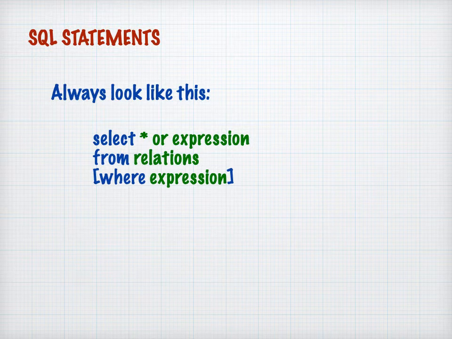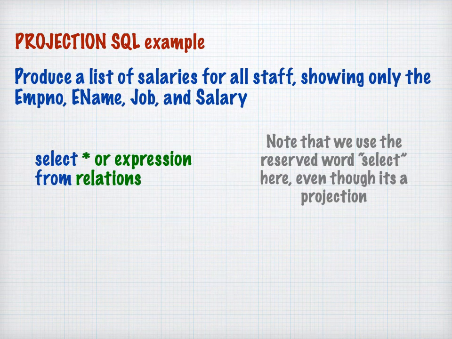So let's do the same example then, which is produce a list of salaries for all staff showing only the emp number, e-name, job and salary. Now I like to lay the SQL statements out on separate lines like this. So I'll put select on the top line, I'll put from on the second line. Now both the words select and from are reserved words. What that means is those are words which are part of the SQL language, which means we can't use them for our own expressions or our own values.